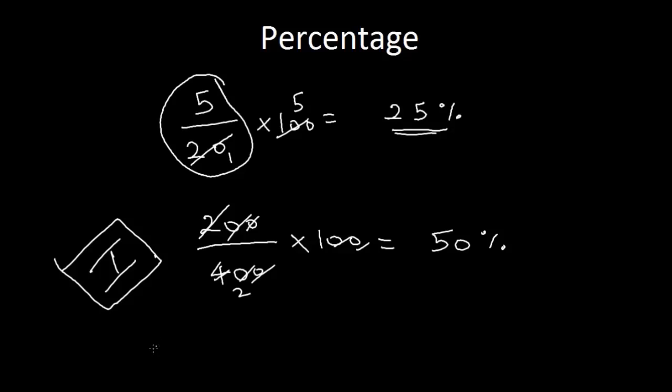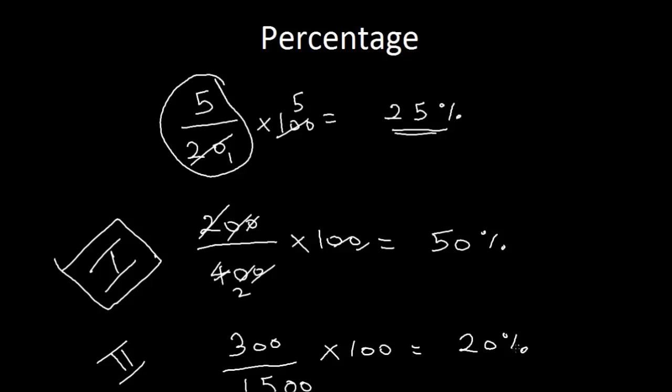Right. Now, let's calculate the second friend. Imagine if he scores 300 out of 1500. So that means he has scored 20%.